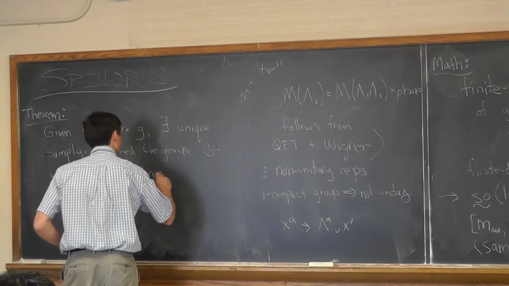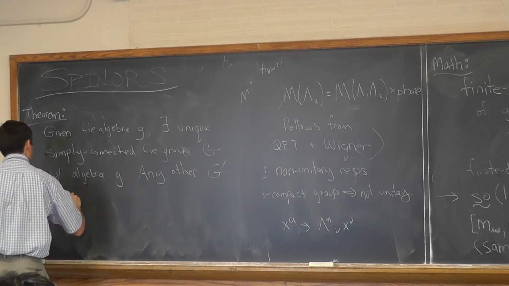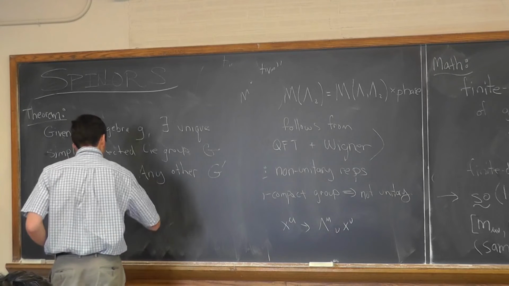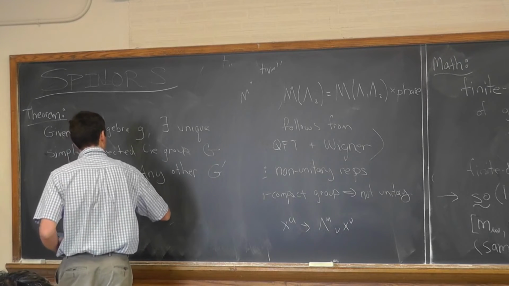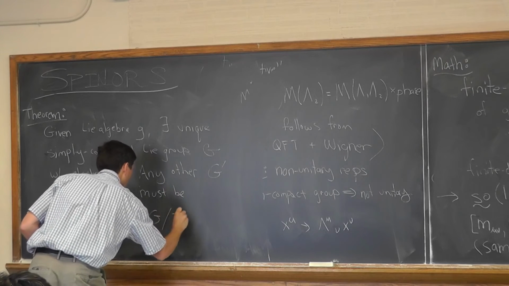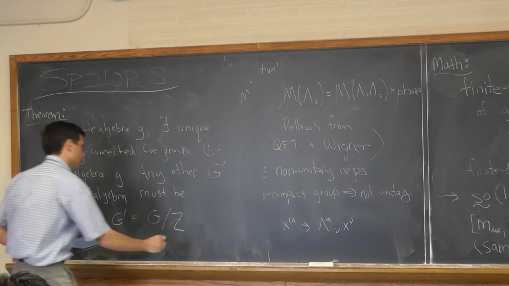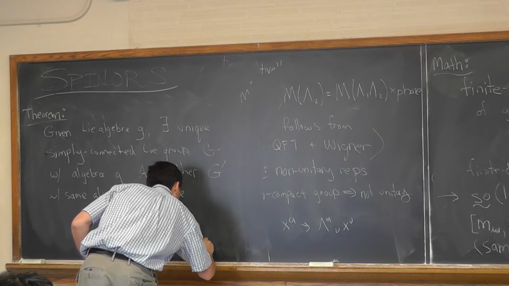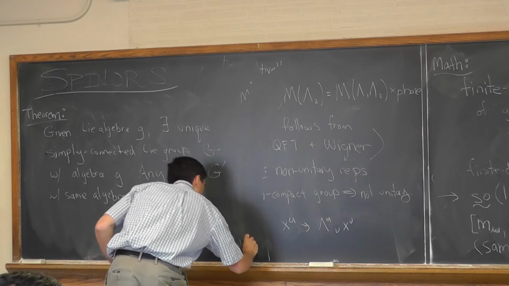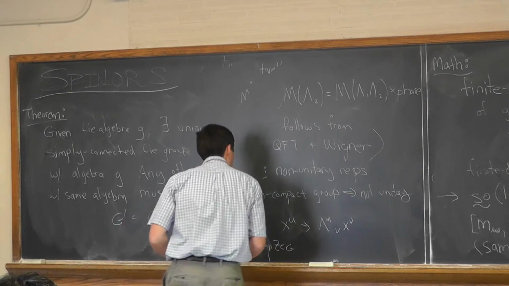And any other G prime with the same algebra must be some quotient of that simply connected G. It's a quotient by a discrete central subgroup Z in G.